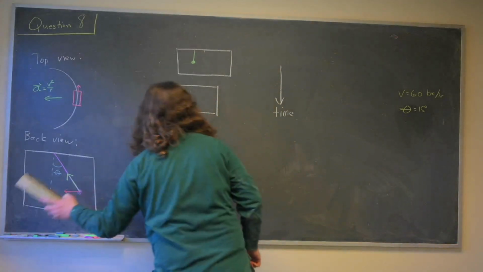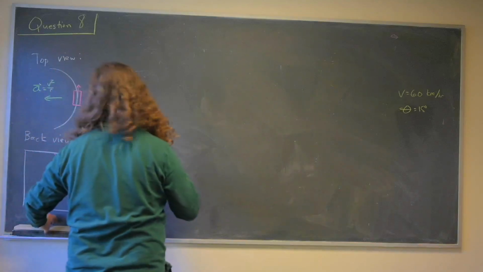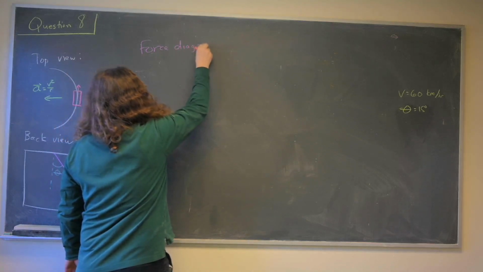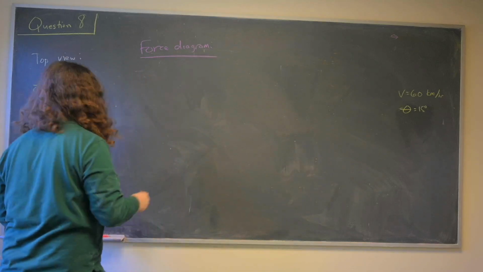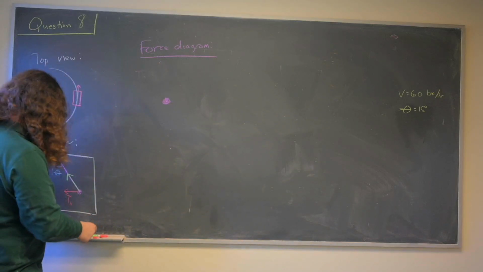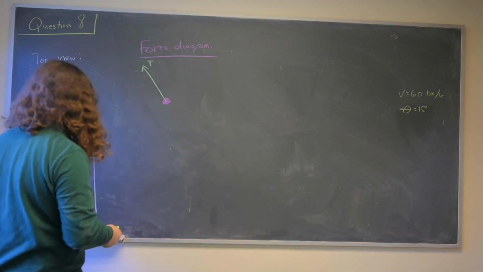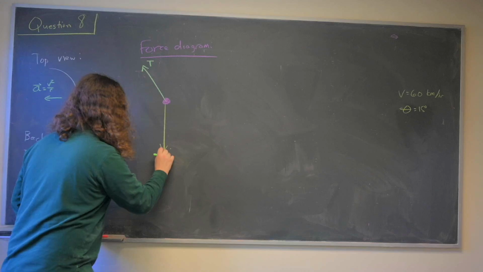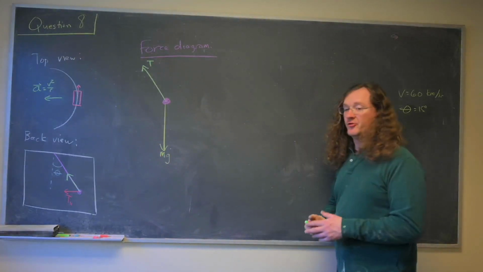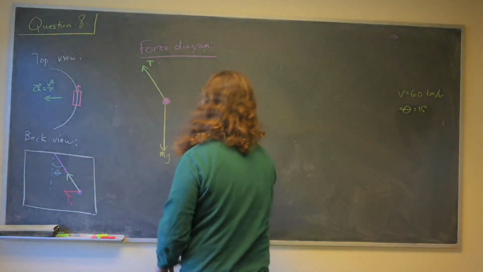So now let's draw the force diagram. The only forces acting on us are tension and gravity. Acceleration is not a force, velocity is not a force, inertia is not a force, centrifugal force is not a force, centripetal force is not a force. The only forces we have are real physical pushes and pulls.